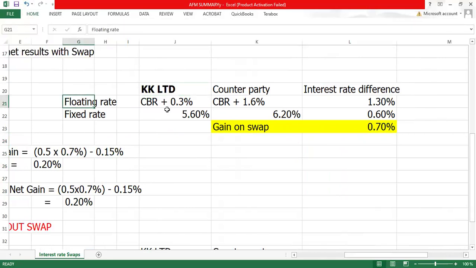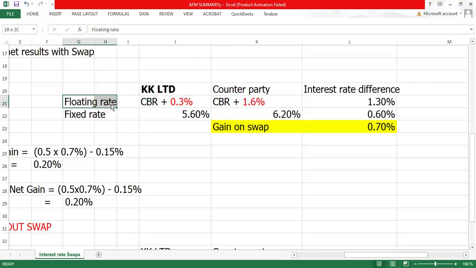It is paying a floating rate of CBR plus 30 basis points, which is 0.3%. But the counterparty is paying what? CBR plus 1.6%. Who benefits?